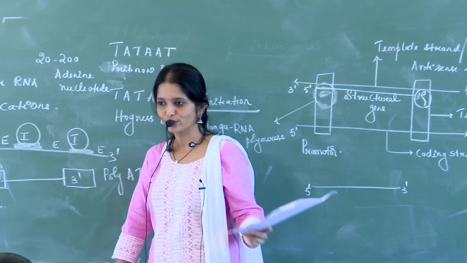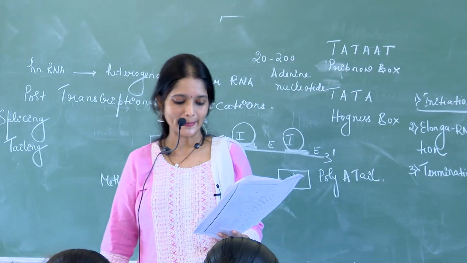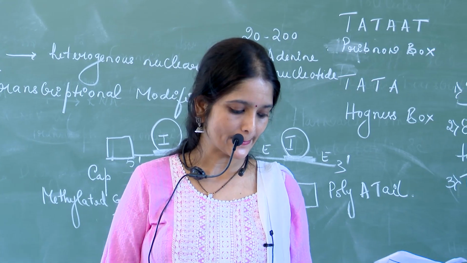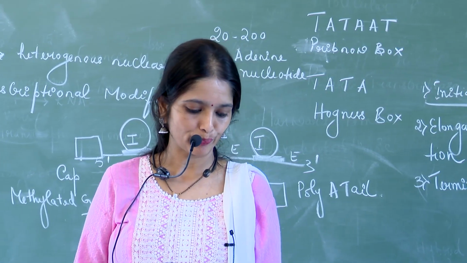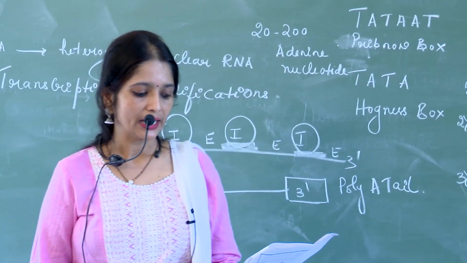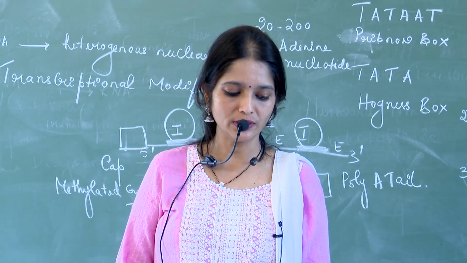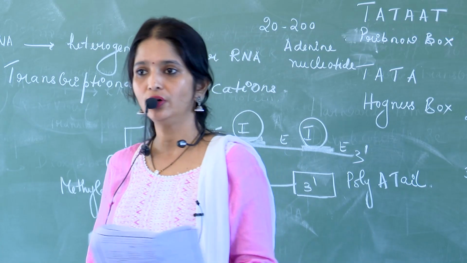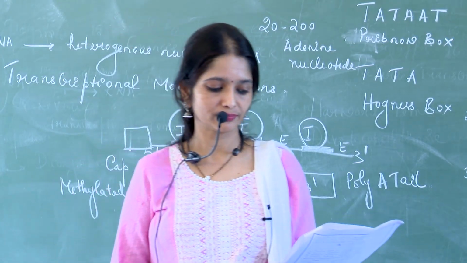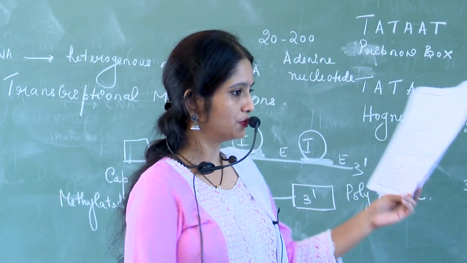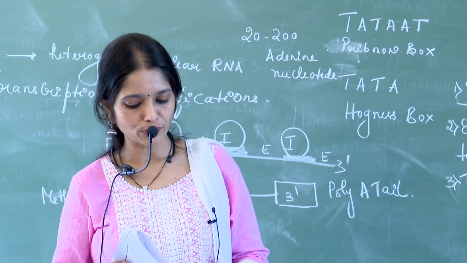Okay, so let's look into our question. Given diagram represents the components of a transcription unit. Select the correct answer regarding it. Transcription unit is on the board. Can you identify the right option?